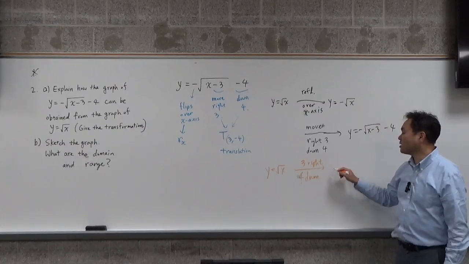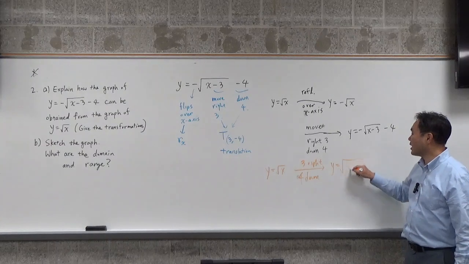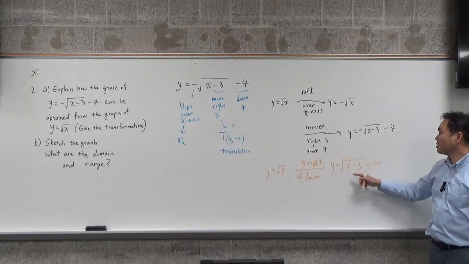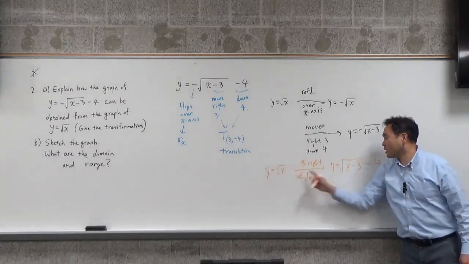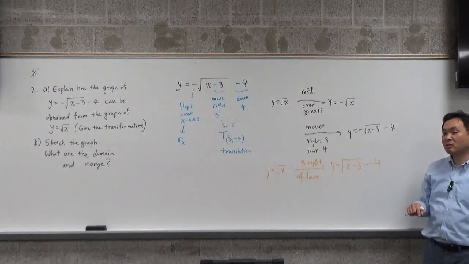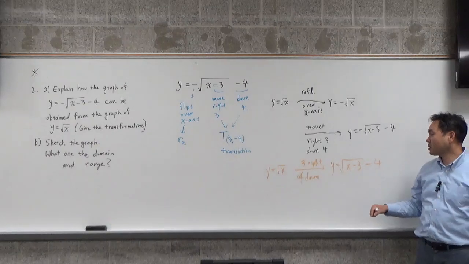Let's see what happens. If you do that, then you have y equals the square root of x minus 3, minus 4, right? Replacing x by x minus 3 makes it go right by 3. Subtracting 4 makes it go down by 4. So that's what you get.